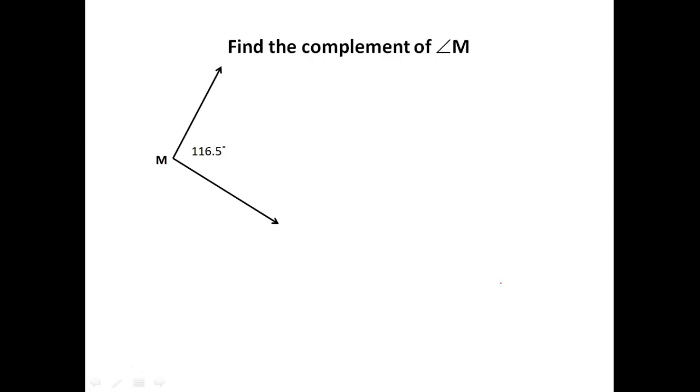All right, let's find the complement of angle M. Oh, that should not be complement. It should be supplement. Sorry, y'all. Write that down. The supplement. Why can I not find the complement of angle M? Somebody email that. Once you pause the video, email, first person email gets bonus points.